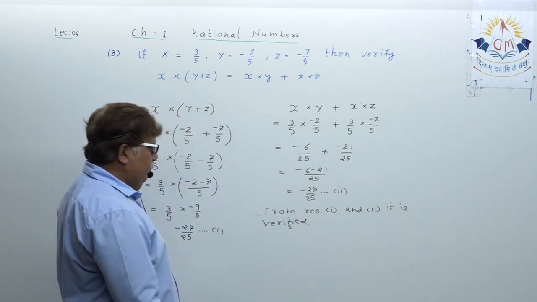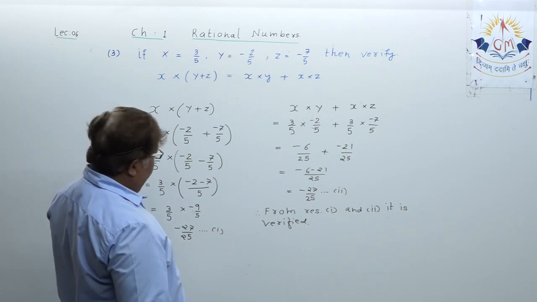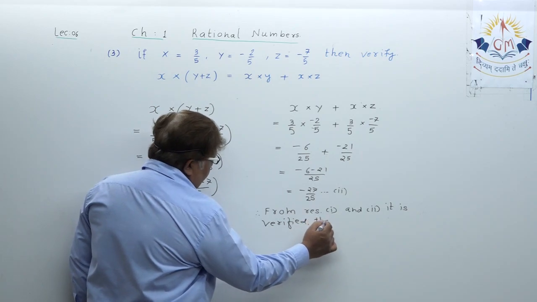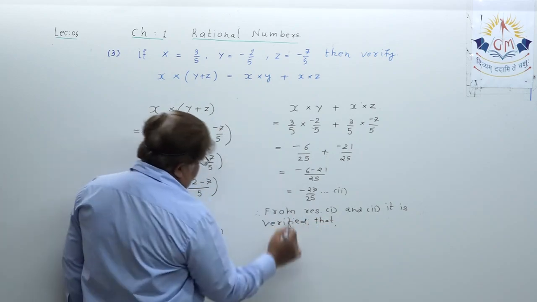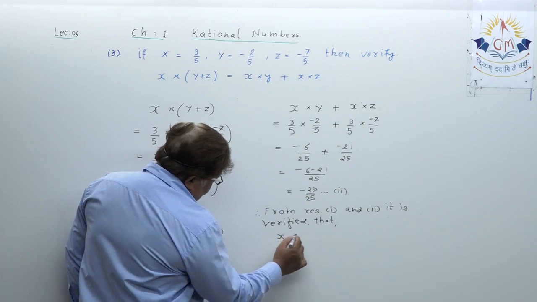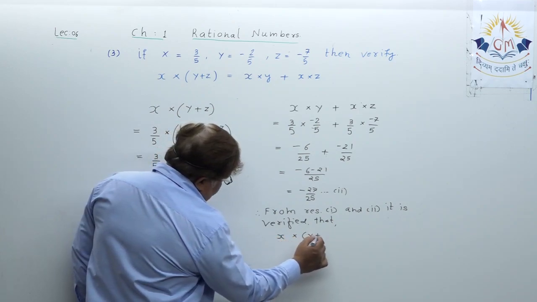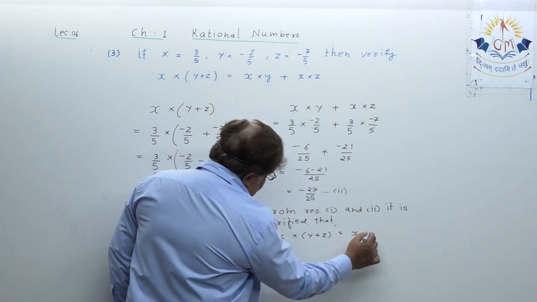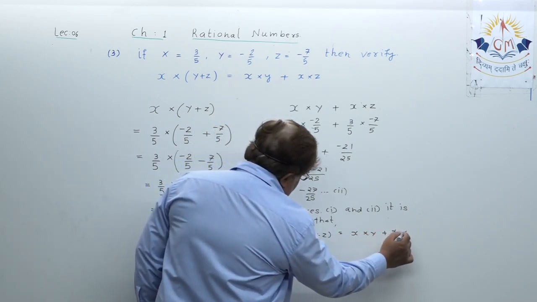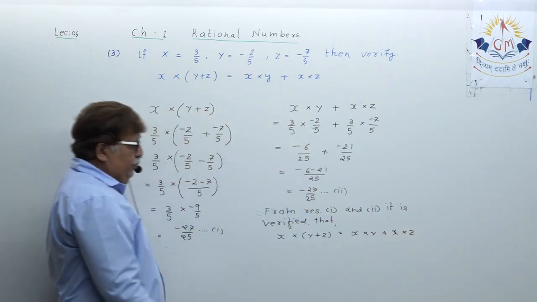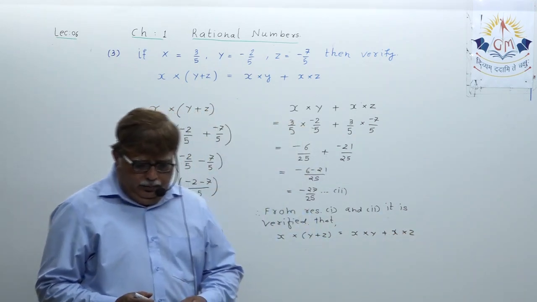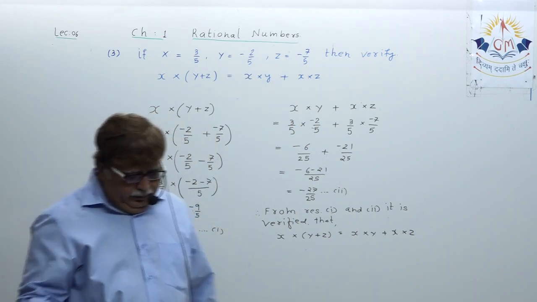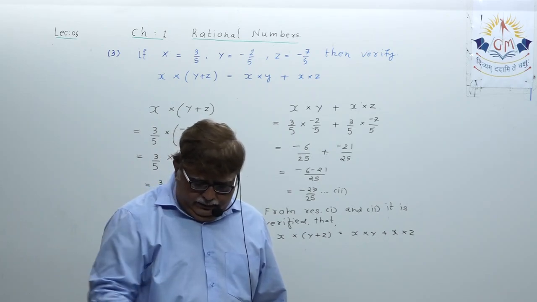From result 1 and 2, it is verified that, what is verified? x multiplied by y plus z equals x multiplied by y plus x multiplied by z. Please concentrate. This is the way you can solve any example.